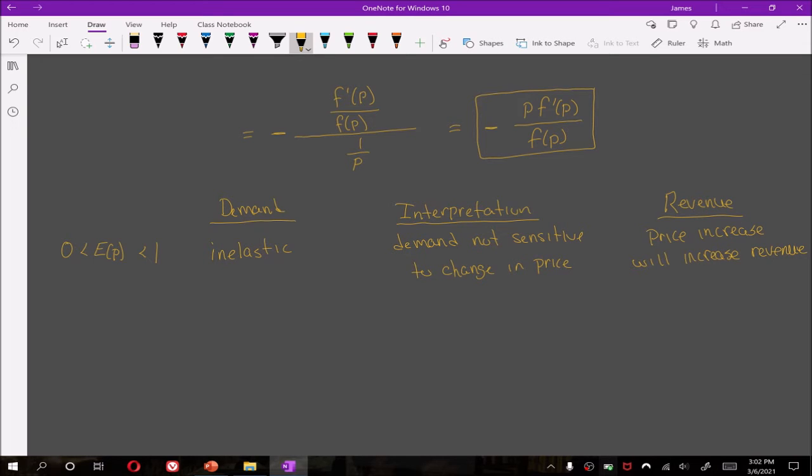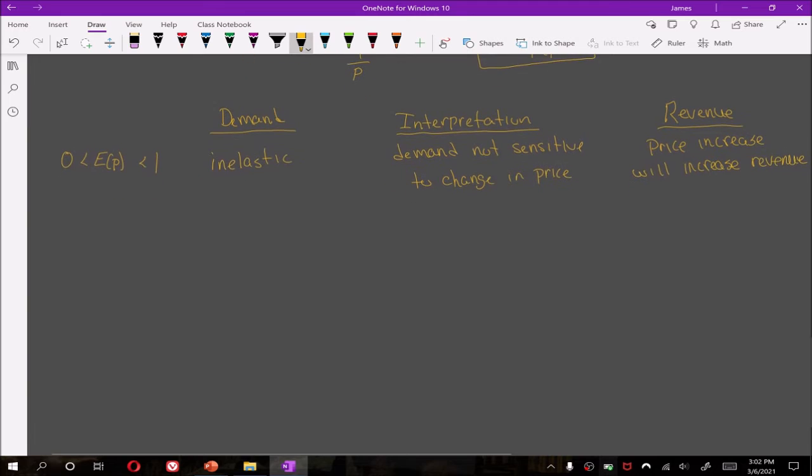Second possibility we have is that E of p, the elasticity, will be larger than 1. In which case, we say the demand is elastic, meaning that the demand is sensitive to change in price.